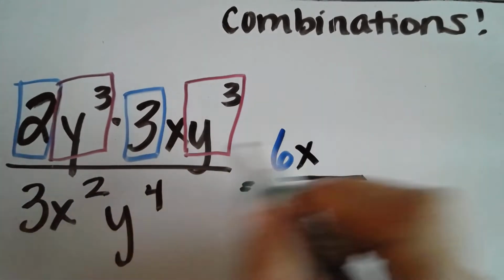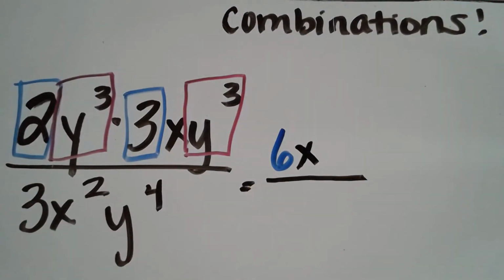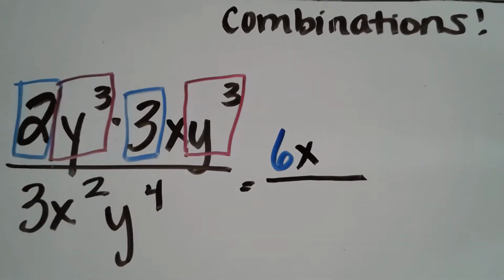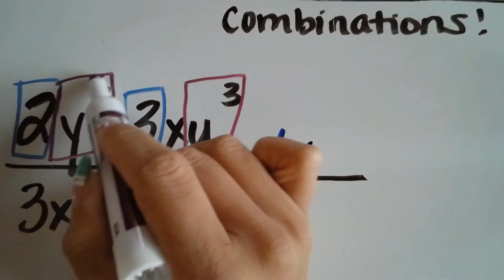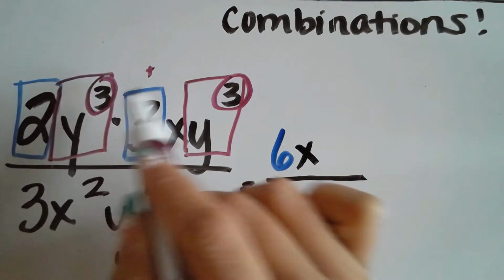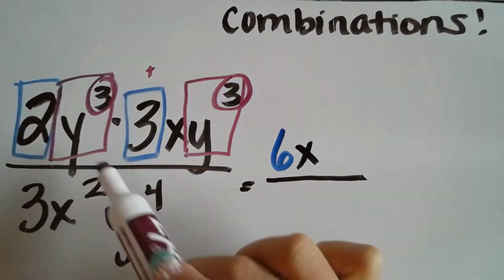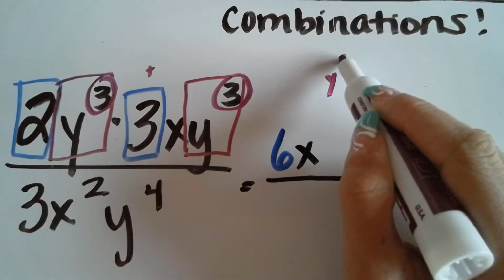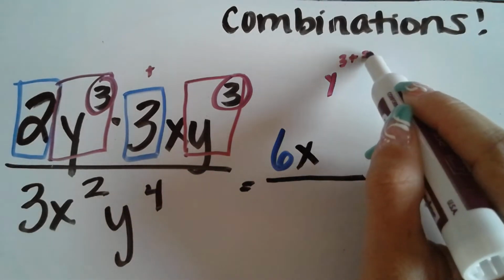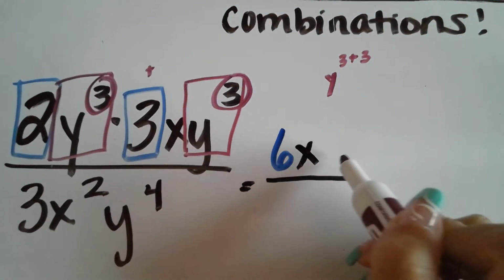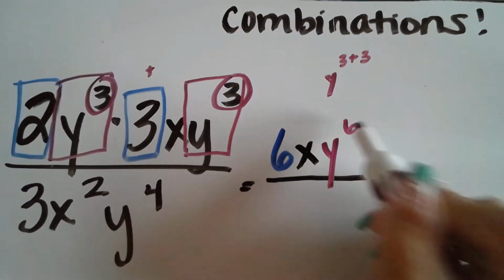Now we combine our y's. When we are multiplying with exponents, we're essentially adding these exponents. So that would be y to the third plus 3, because we have 3 plus 3. So that would be y to the 6th.